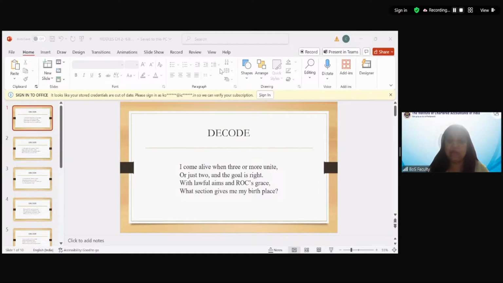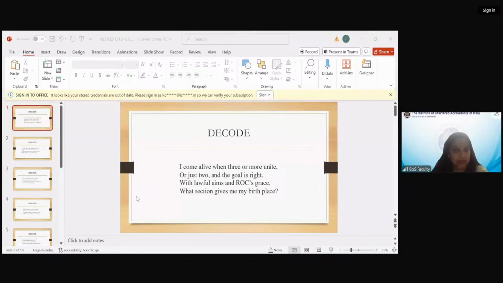What comes alive when there are 2 people, minimum 3 or minimum 2? What comes alive? Not getting the correct answer. Okay, so let me give you like this question. Someone has written registered office, but right now the point is, just try to understand what the question is asking.